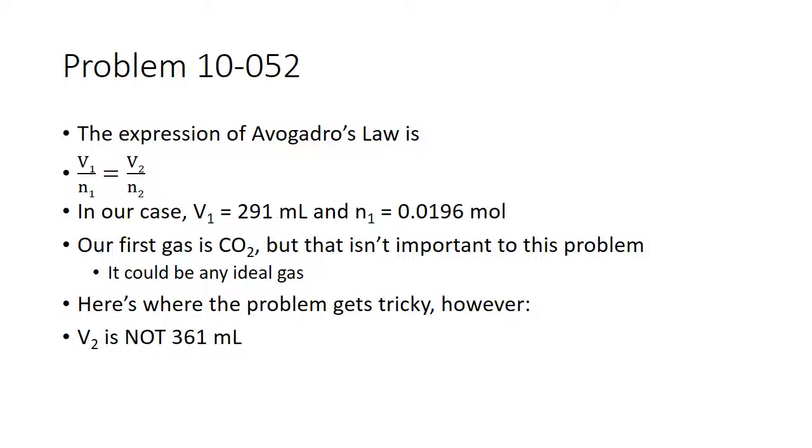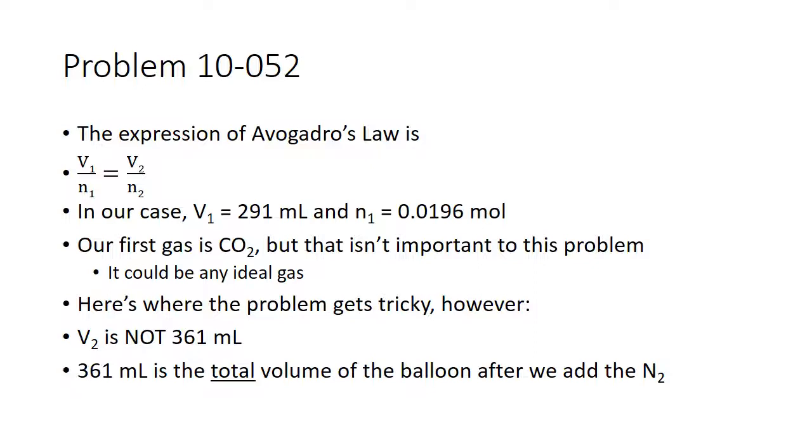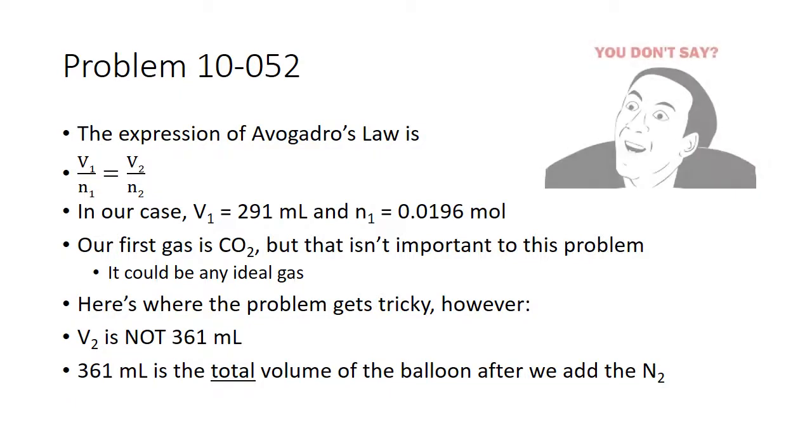Here's the tricky part. Our final volume is not 361. That's the volume after the nitrogen is added to the CO2. It's the total volume. So we don't want to put in 361 into Avogadro's law.